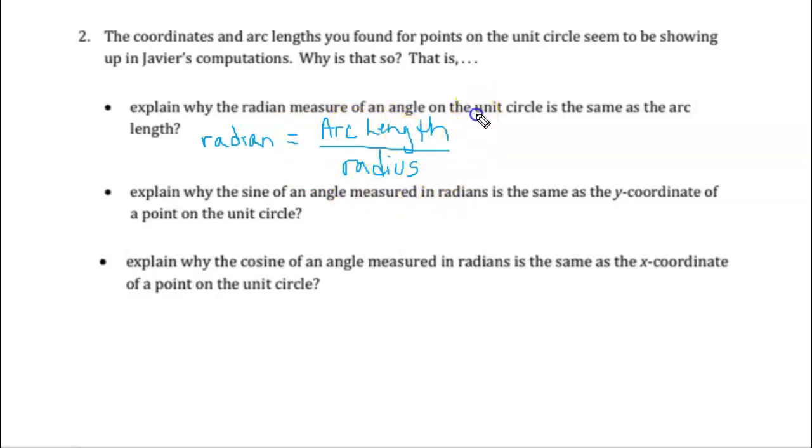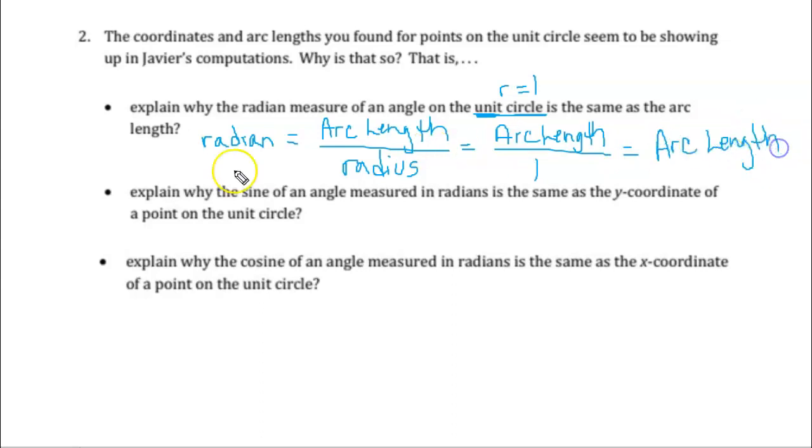In this situation, in the unit circle, it just so happens that the radius is equal to 1. So when the radius is equal to 1, we're taking the arc length and dividing it by 1. And so that's why in the unit circle, the radian measure is the arc length.